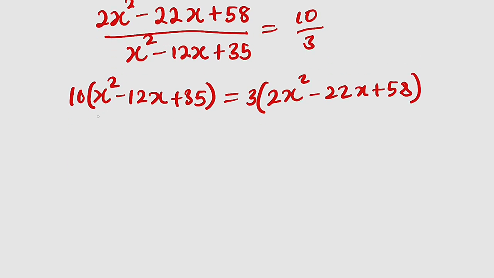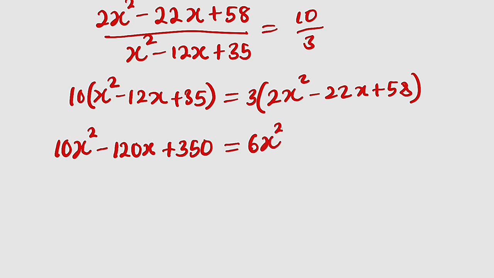We have 10 times x squared, that is 10x squared, minus 12 times 10 is 120x, then plus 350 as constant. This is equal to 3 multiplied by 2 is 6x squared. Then 3 multiplied by negative 22 is negative 66x. Then plus 3 multiplied by 58, that is 174.